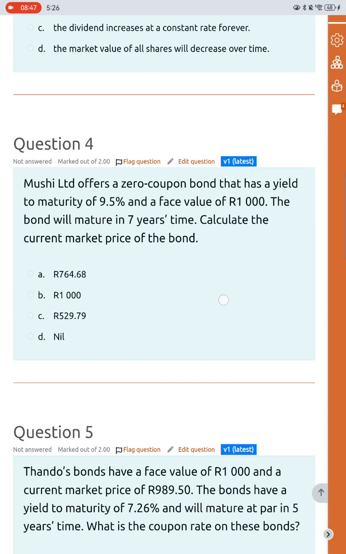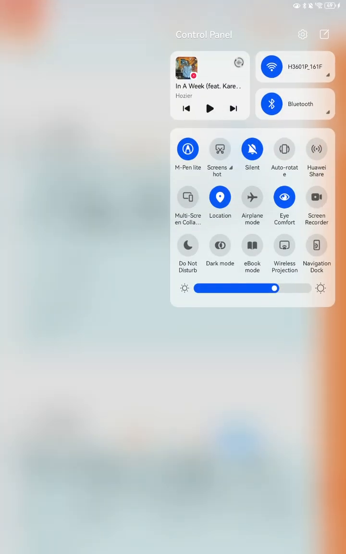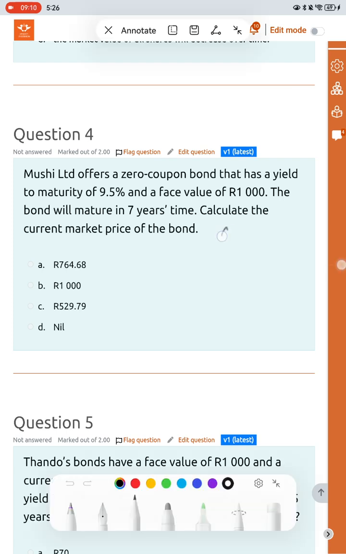Let's go to question 4. Now we move to a zero coupon bond question. Mushi Ltd offers a zero coupon bond that has a yield to maturity of 9.5. So the coupon, sorry, PMT equals nought.